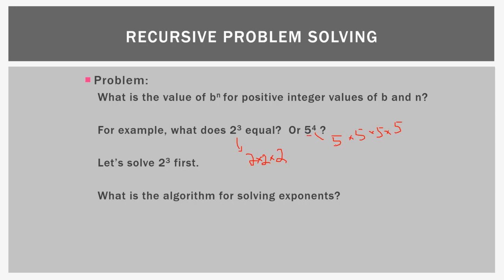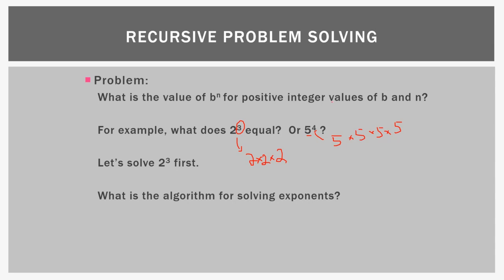So you take the base and you multiply it by itself, exponent number of times. So this is an easy problem to solve with a loop, right? You run a loop that runs n number of times, and for every loop iteration, multiply by b. Easy loop solution. But what about solving it recursively?